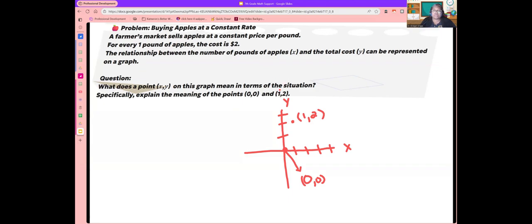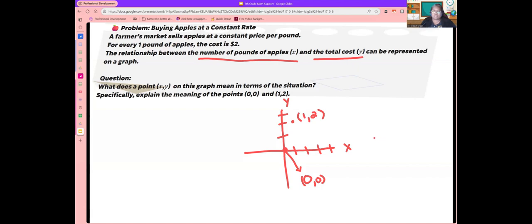Now, (1, 2), in relation to this situation, is saying that 1 x, which is the number of pounds of apples, so 1 pound of apples, costs, so the total cost is $2. So that's what (1, 2) is telling us. For 1 pound of apples, it costs $2.